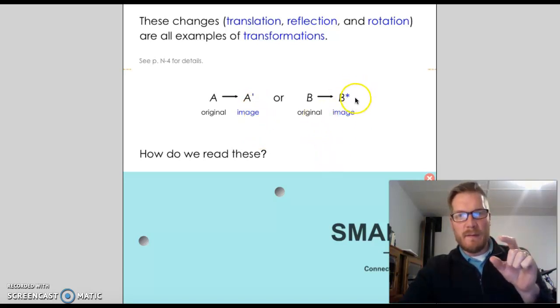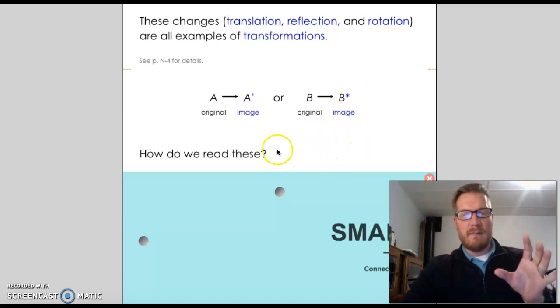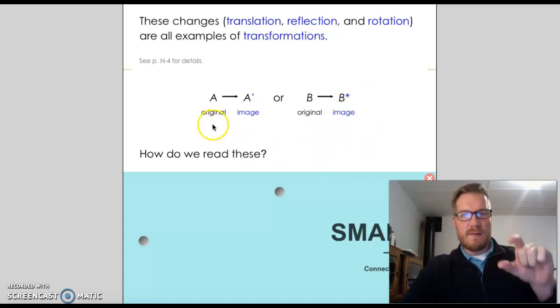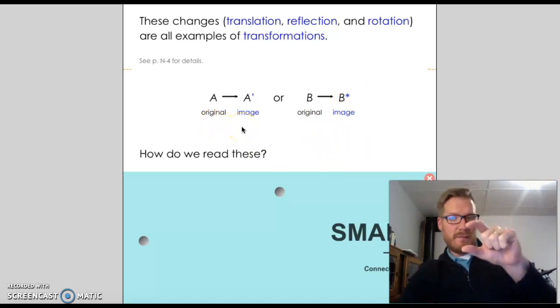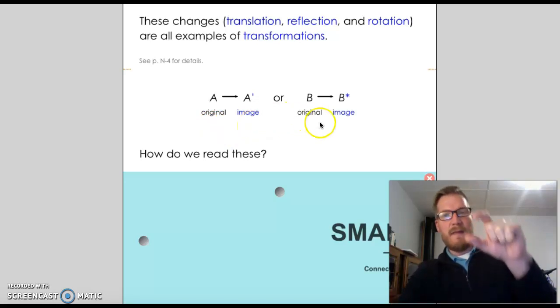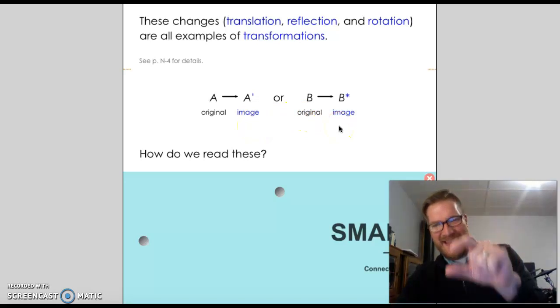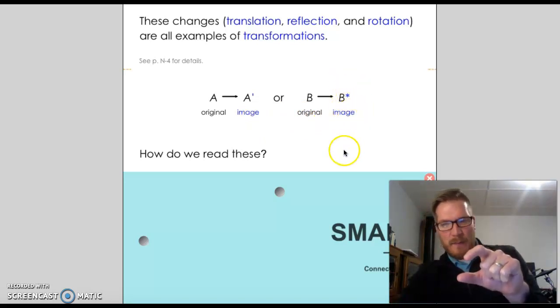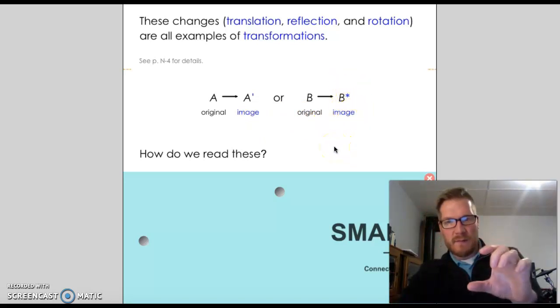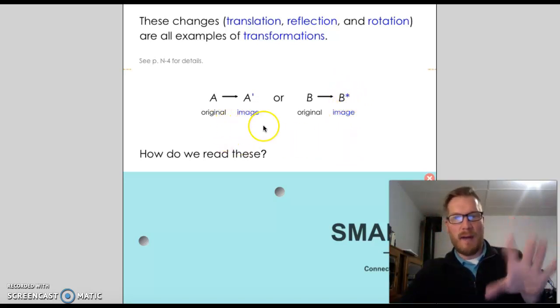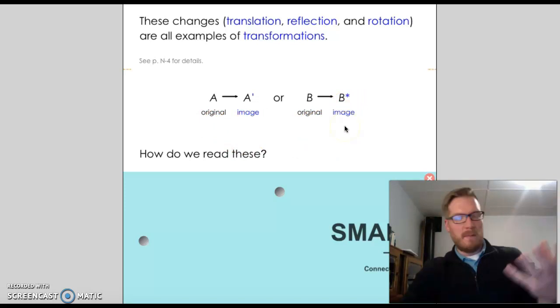Or sometimes you use a star. Often what I've seen in books is that you go from the original shape, say with a translation, reflection or rotation, to get the prime piece, and then you could reflect, rotate or translate again to get a second image. So then you would use the star secondly. So you have A to A prime and then B to B prime or something like that. Okay.